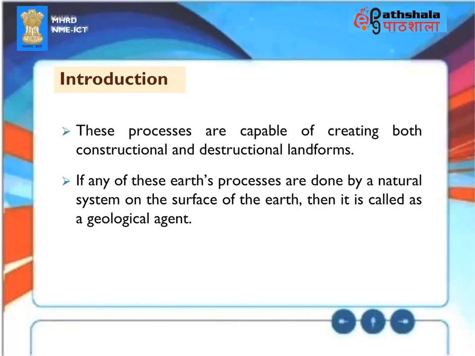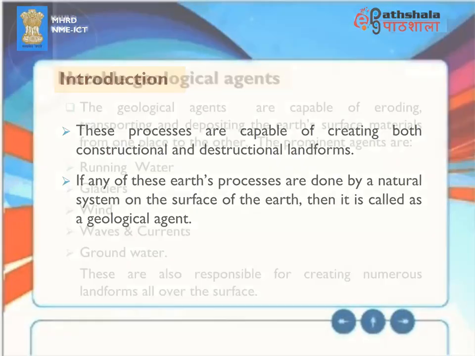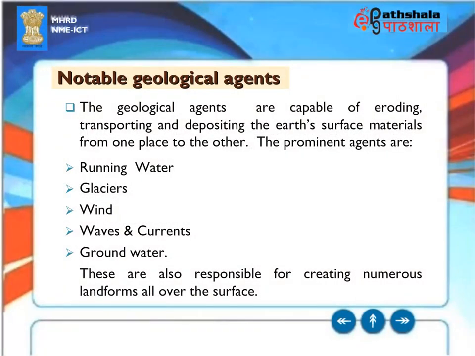If any of these Earth's processes are done by a natural system on the surface of the Earth, then it is called a geological agent. Notable geological agents. The geological agents are capable of eroding, transporting, and depositing the Earth's surface materials from one place to the other.